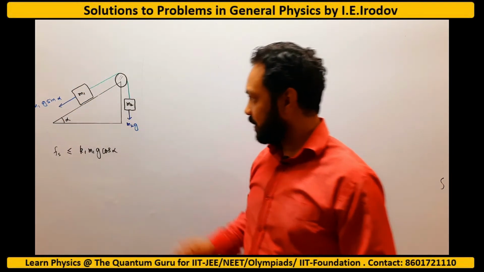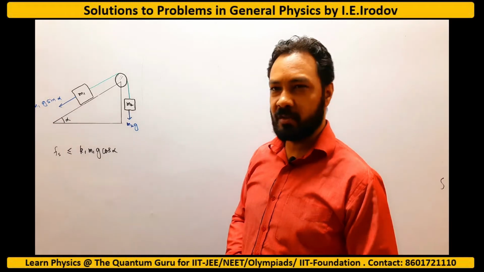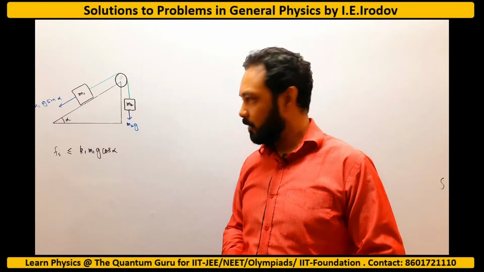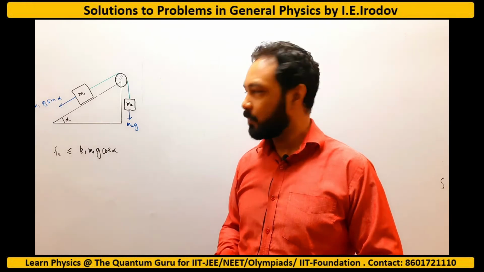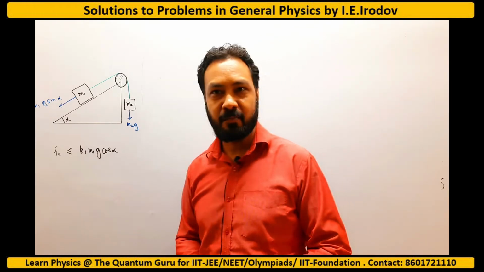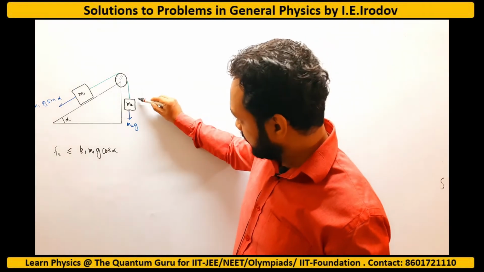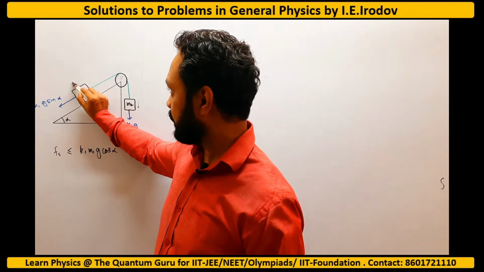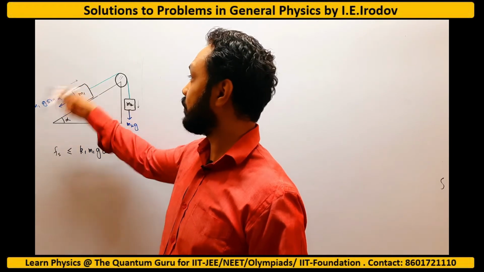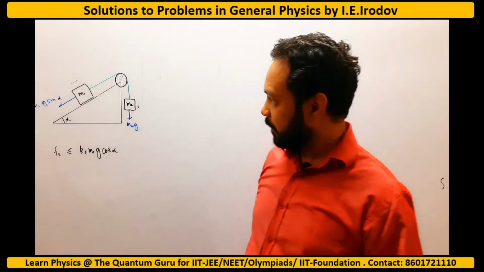So it just starts coming down, meaning the static friction is just from rest, it's just starting moving. So static friction just reaches its maximum value. So it is going down here, and it is going up here, not going up, just about to go up.